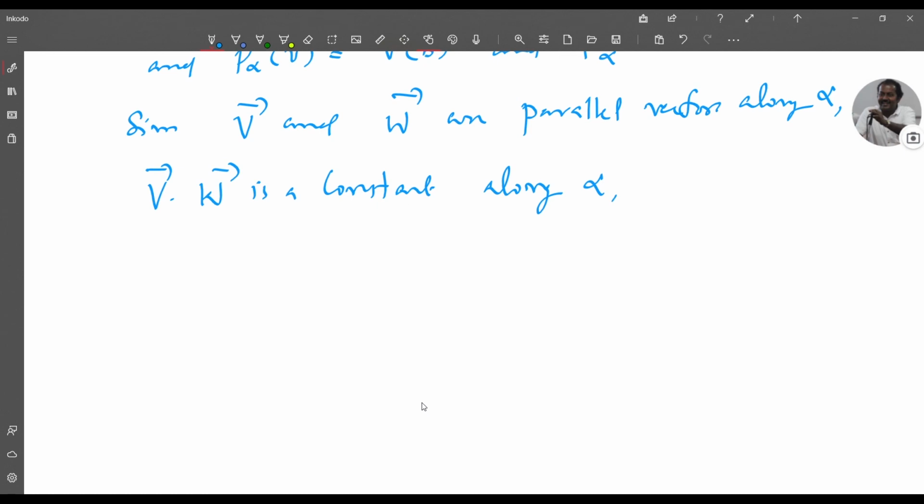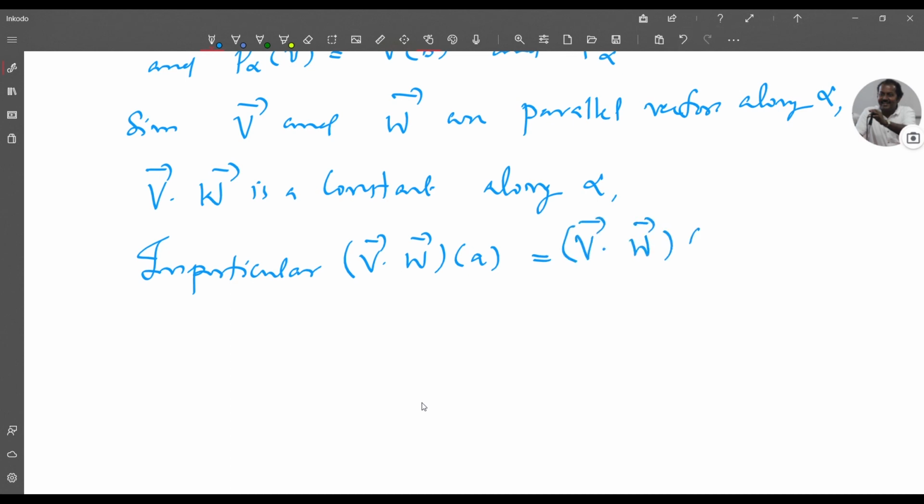So in particular, V dot W at a is equal to capital V dot capital W at b, because it is constant along alpha. So this implies V of a dot W of a is equal to V of b dot W of b.